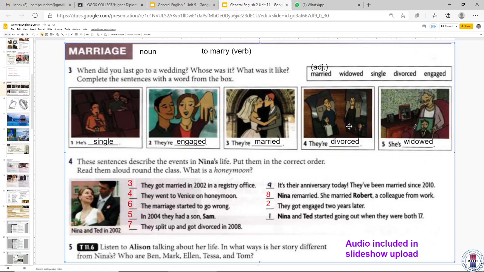Right. Divorced. Look, that's picture number 4. So you get married and then things start to go wrong. Maybe there's a disagreement about things, how to spend money, and people will get divorced. They're separated. They're divorced. That is also an adjective. And the last word, engaged. So engaged is when the man asks the woman to marry him.